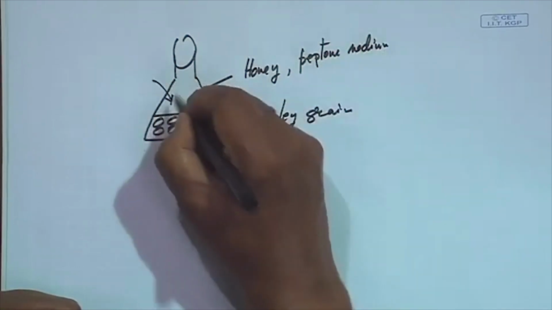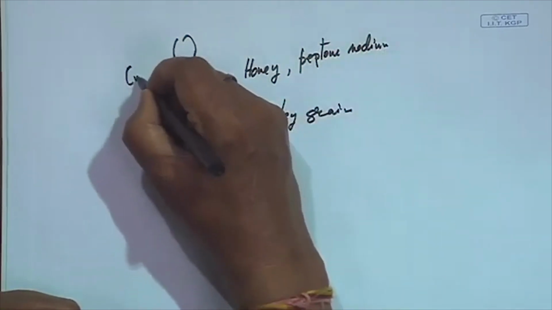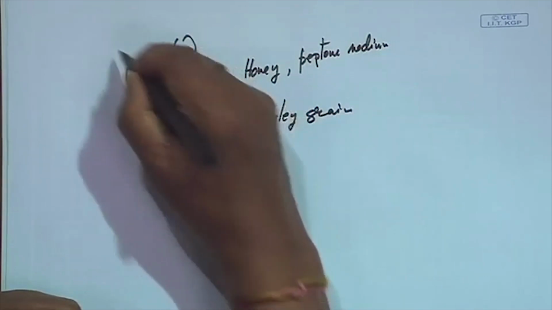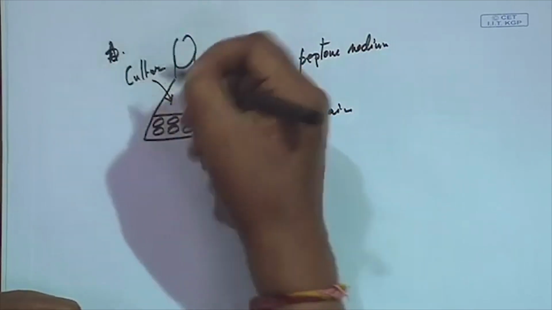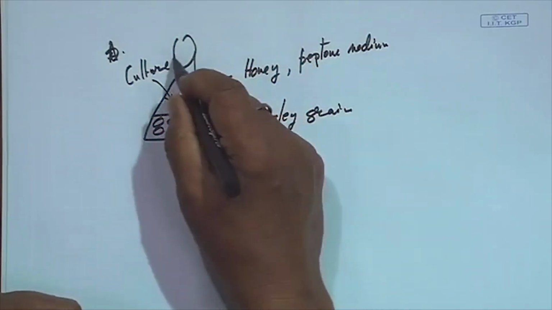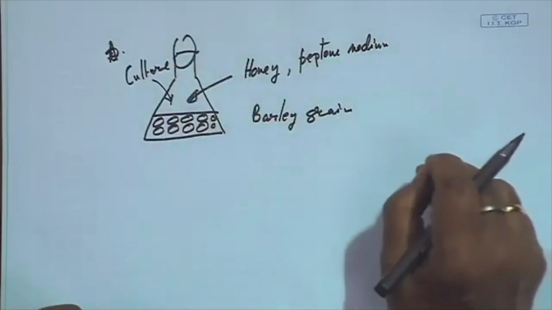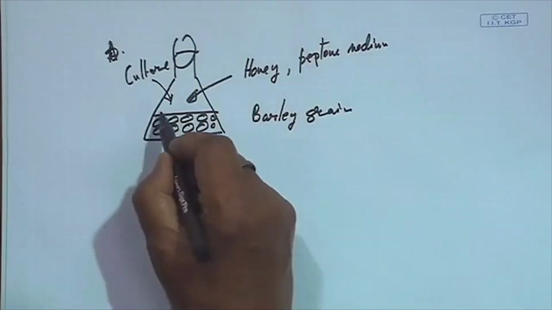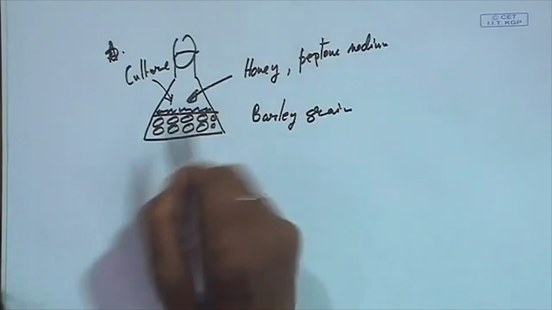Then we inoculate the cell culture, Aspergillus niger, or whatever fungal culture, and we keep it in the incubator for some time. After one day, you will find mat formation at the surface.